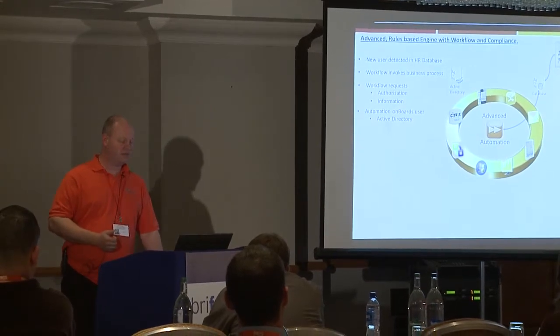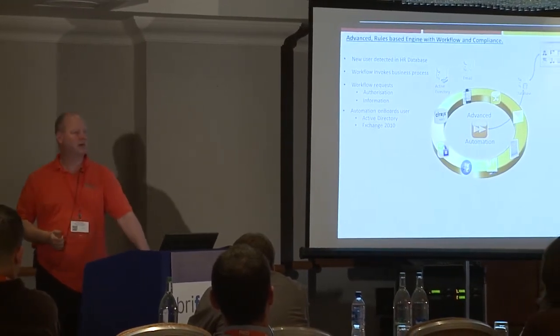in the Active Directory. I'm going to create them an email in whatever email system, in this case Exchange 2010. I'm going to create them in the file and print services, make sure they've got places for their user data, etc. Update the HR system, so let the HR system know that this new information has arrived and maybe fill in some empty fields. And then also other services.